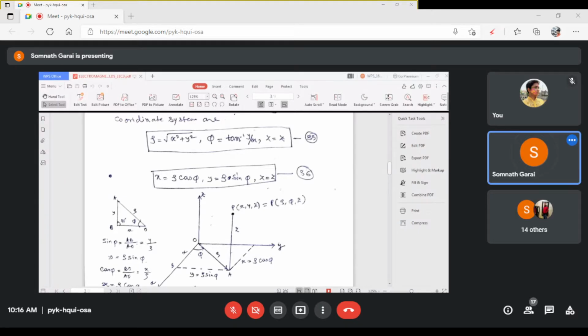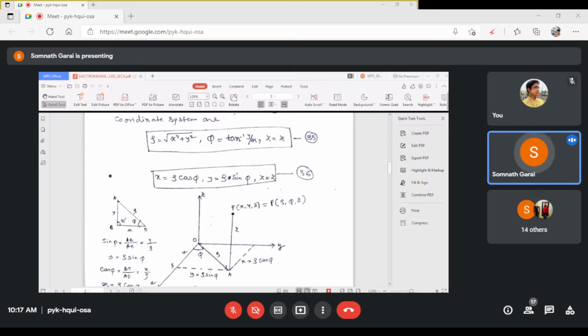Not tan inverse 3. You have to calculate the exact angle, because cylindrical coordinates are rho, phi, z. The value of rho is the measure of the distance from the origin. The value of phi is the measurement of the angle from the x-axis.